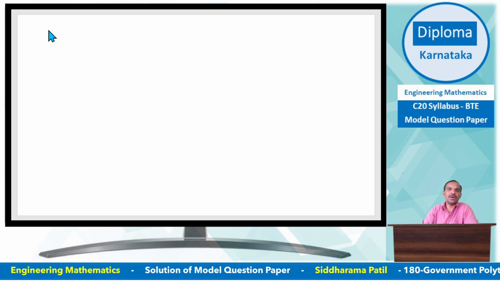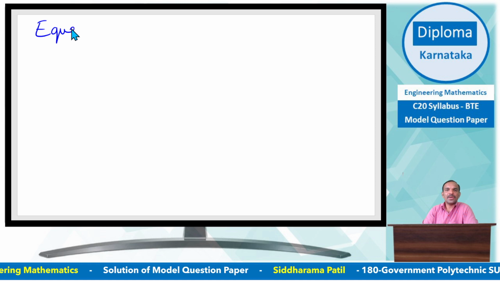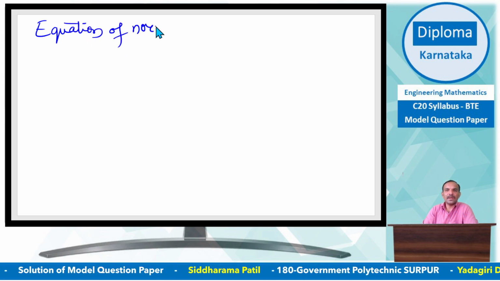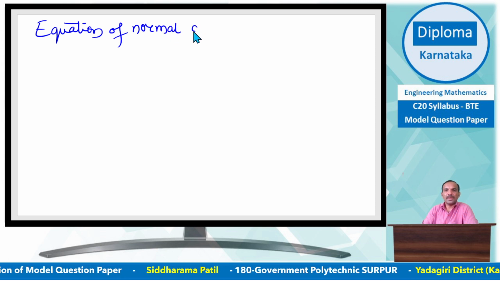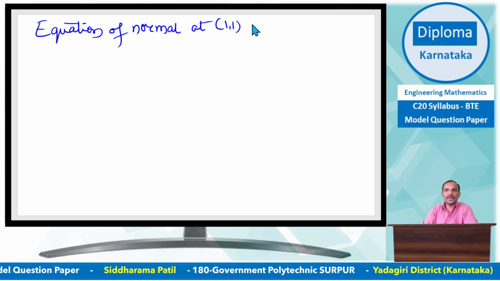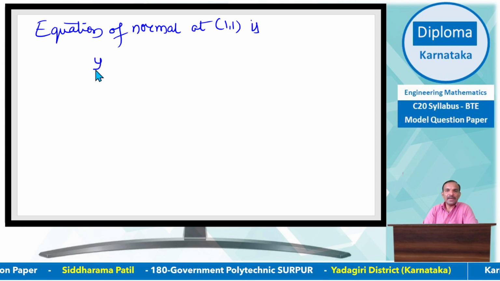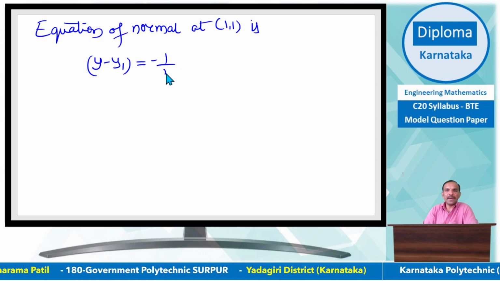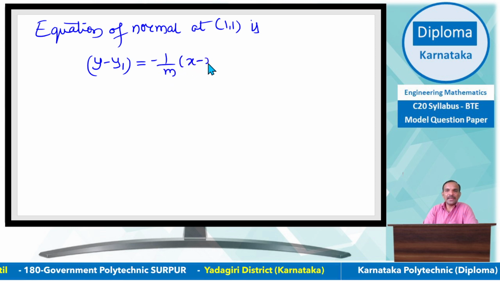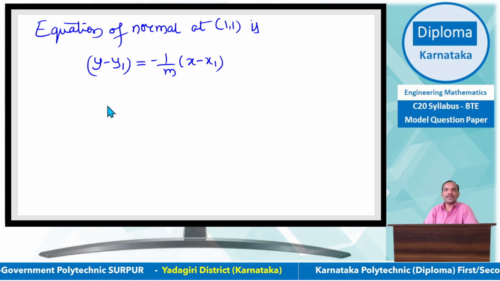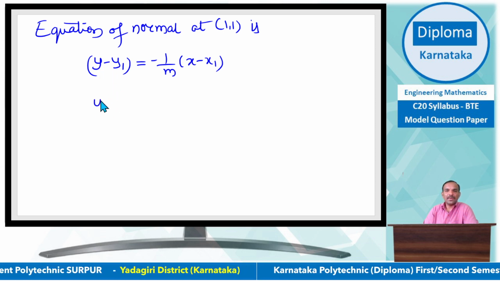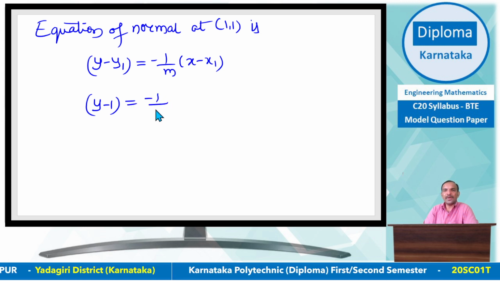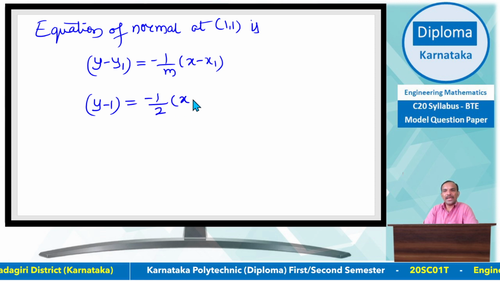Now the equation of normal at 1 comma 1. The formula is y minus y1 equal to minus 1 by m into x minus x1. Y minus 1 is equal to minus 1 by 2, x minus 1.